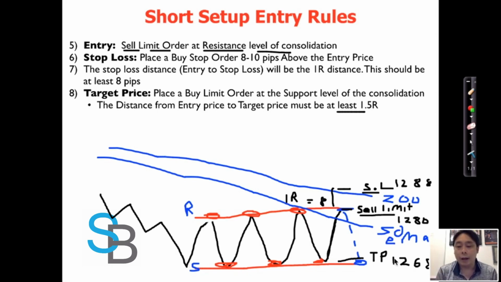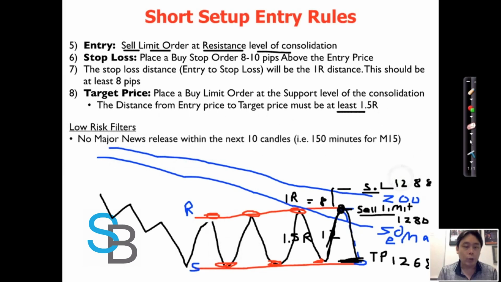Would it be a favorable trade? Yes, because I would potentially be able to capture 12 pips, right? And 12 pips out of 8 pips would be 1.5. So this makes it a reasonable trade, right? Great. So the moment the price goes up, it hits my entry price, I get sold, comes down, take my profit, and I'm out with a 1.5 R win.